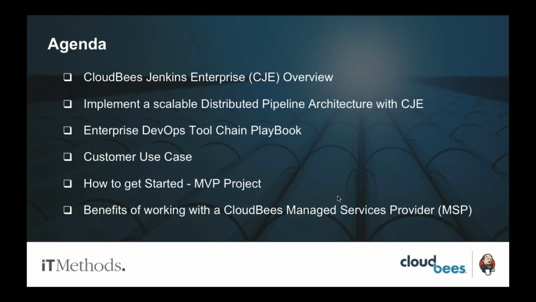I'm going to take you through a customer use case. And then, a lot of questions: where do you start? How do you get started? So we're going to talk about an approach that's worked well with our customers, and then finish up on some of the benefits of working with a CloudBees managed service provider. So without further ado, I'm going to turn it over to Craig so we can learn a little bit more about CloudBees Jenkins Enterprise.